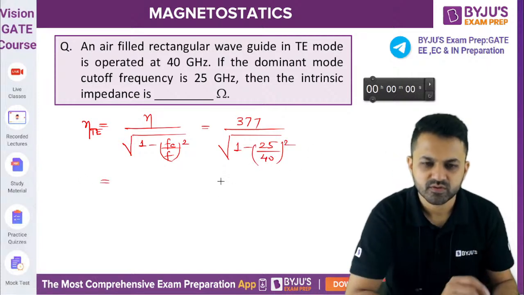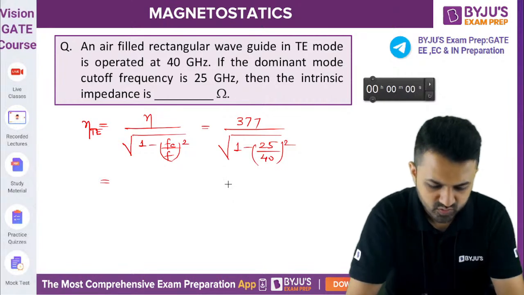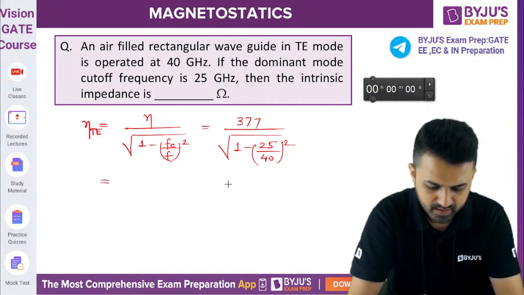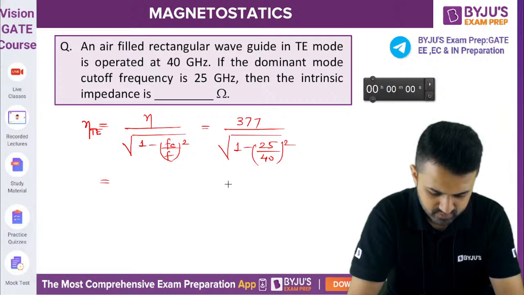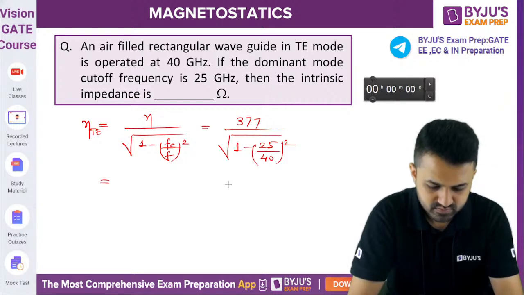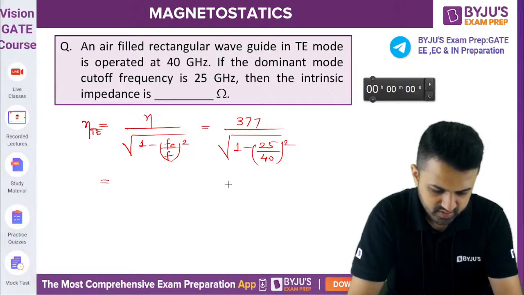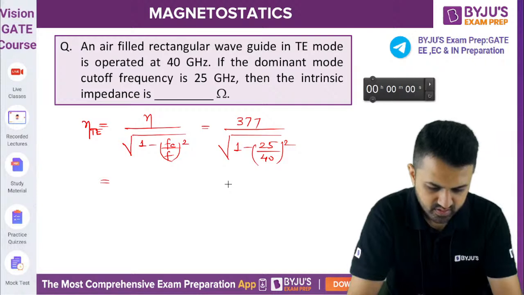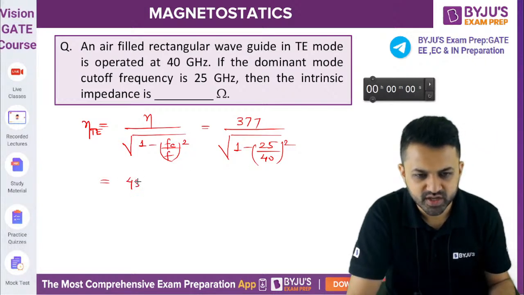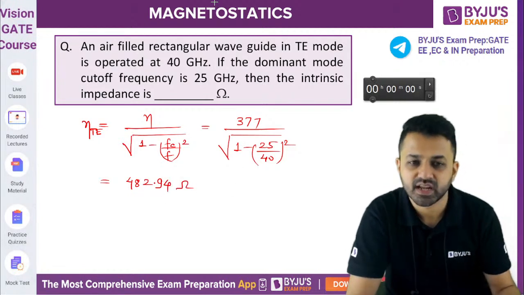So it is equal to 377 upon root over 1 minus 25 upon 40 whole square. So it is 482.94. Why is the answer so much different, Pratyusha? This is the exact answer I am also getting.